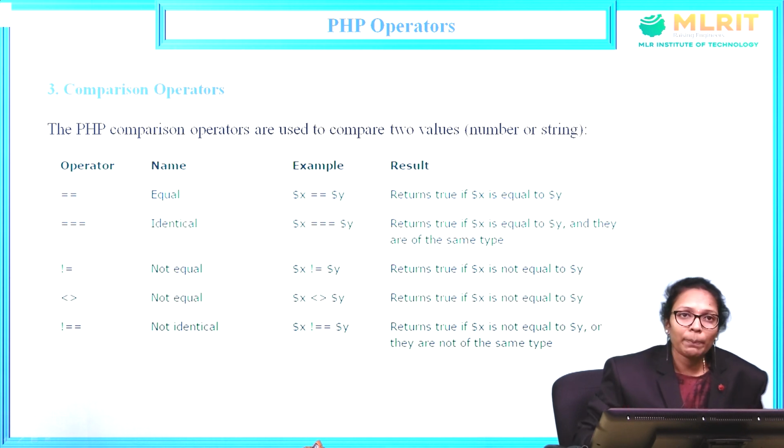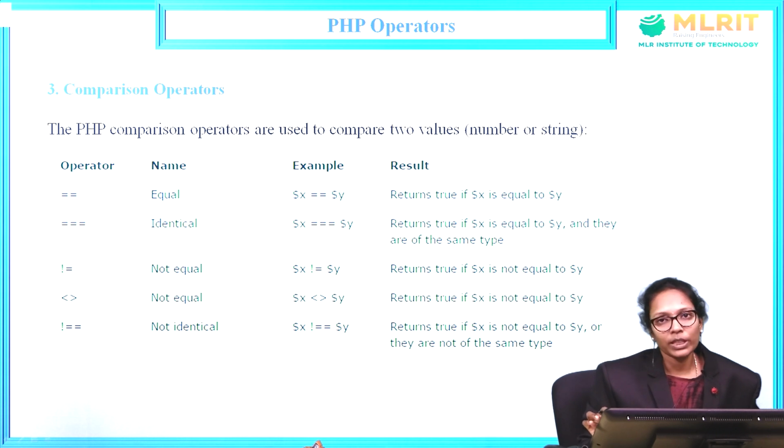And next, comparison operators. To compare two variables, we are using comparison operators. I can also call them relational operators. Double equals will compare two variables, and we also have triple equals in PHP. Double equals compares only the value, whereas triple equals compares the value and also the data type. That means it will check whether the two values are identical or not.